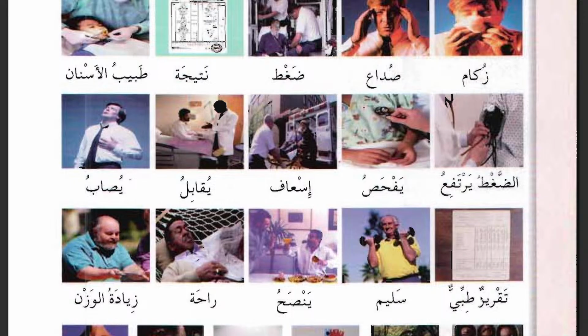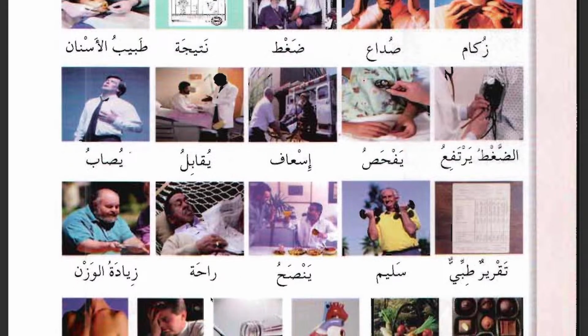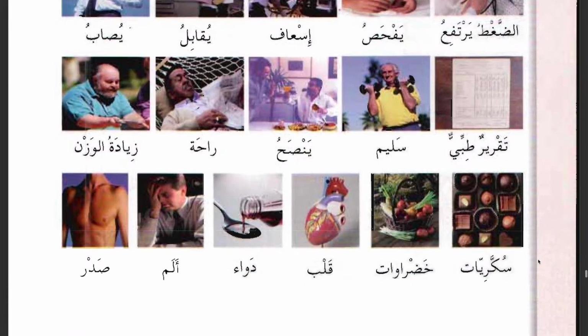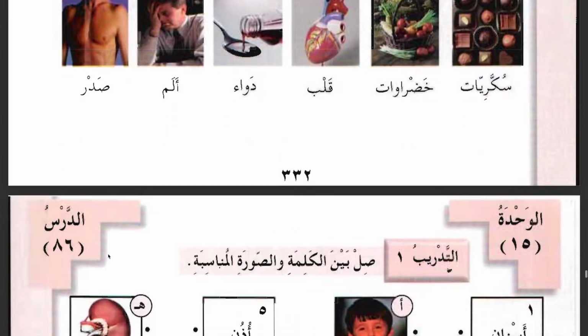Taqreerun tibbiyun, medical report. Salimun is healthy in this context. Yansah, he is advising. Raha, rest. Ziyadatul wazni, increase in weight. Sukkariyat, sweets. Khadrawat, vegetables. Qalb, heart. Dawa, medicine. Alam, pain. Sadr, chest.